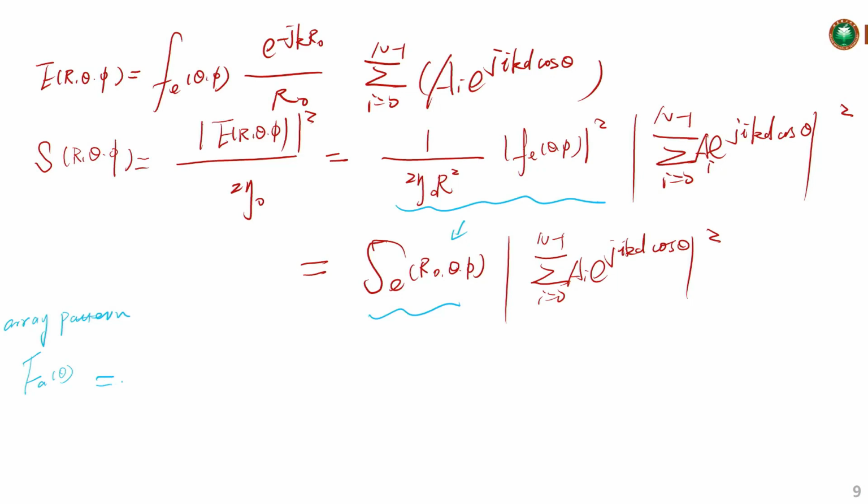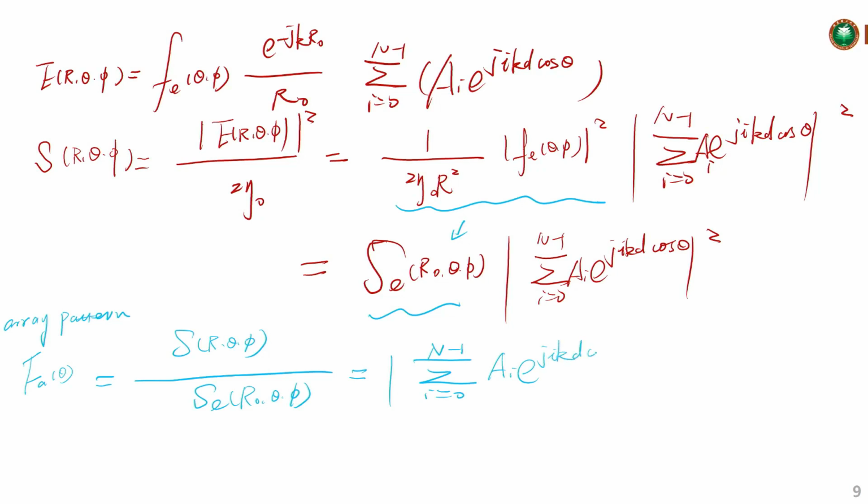The pattern corresponds to the power density divided by the maximum of power density. Alright, like this one. So it can be expressed as the sum from i equals 0 to N minus 1 of a_i e^(jikd cosine theta) square. Okay, so now we get the array pattern here.